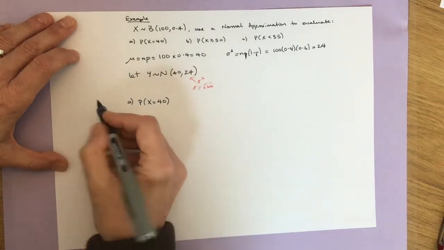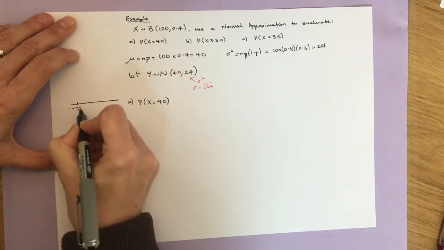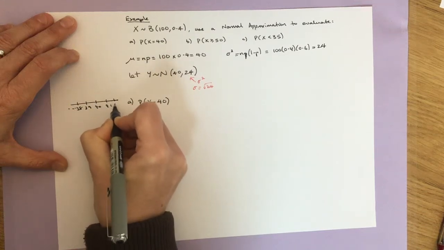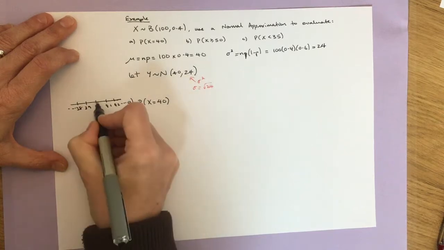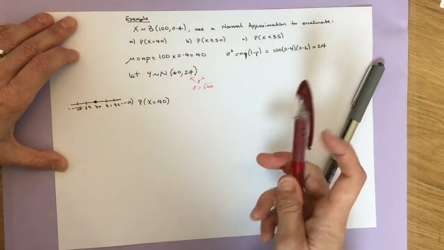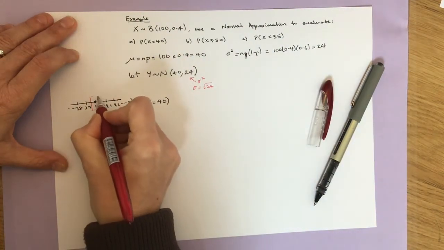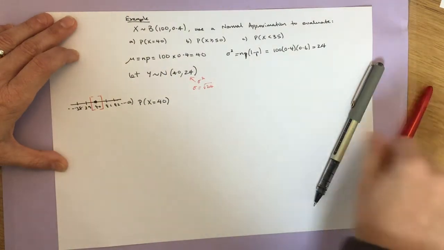So let's have a think about a number line. So a number line here, let's go 38, 39, 40, 41, etc. We want from the binomial x to be equal to 40, so there was nothing either side of these. But for the continuous normal, that's going to include that part of the data.